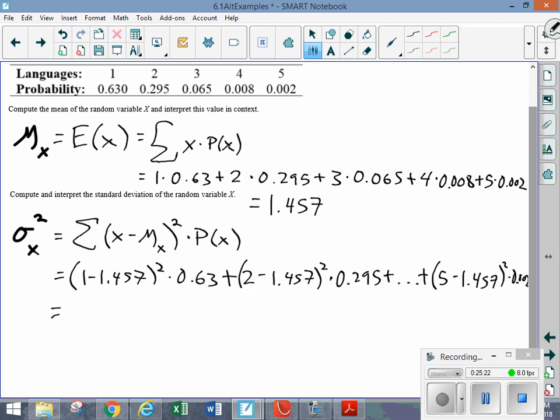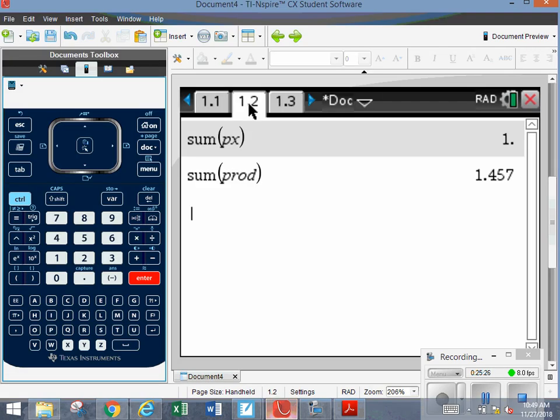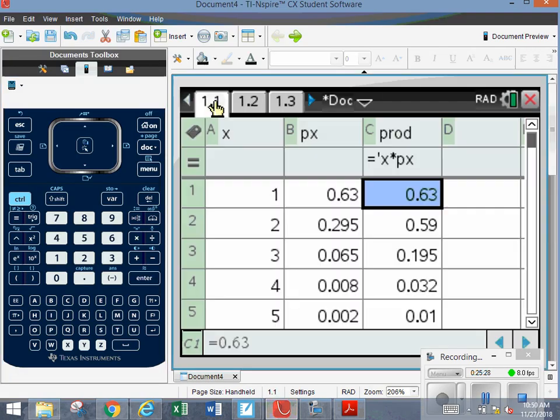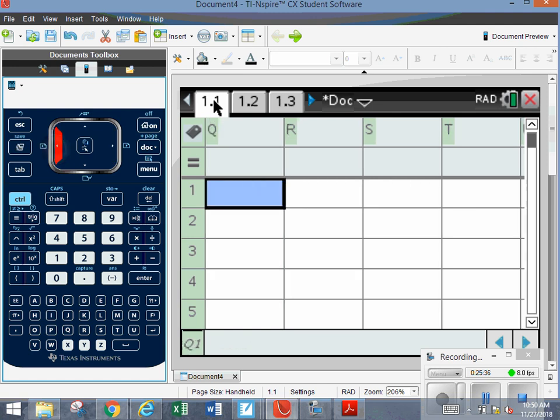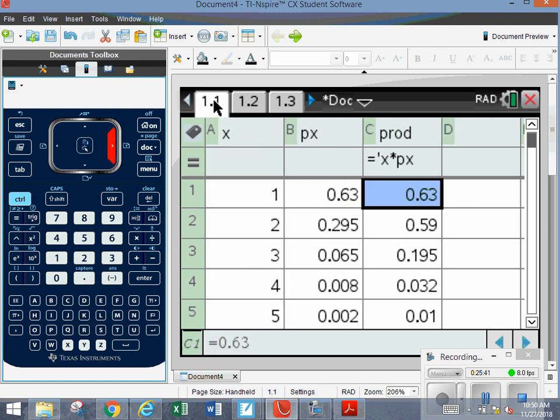Let's get the calculator to find our variance. So let's go ahead and go to our Inspire. We've already got this thing set up here, right? So now what we'll do, now we're going to make a fourth column.